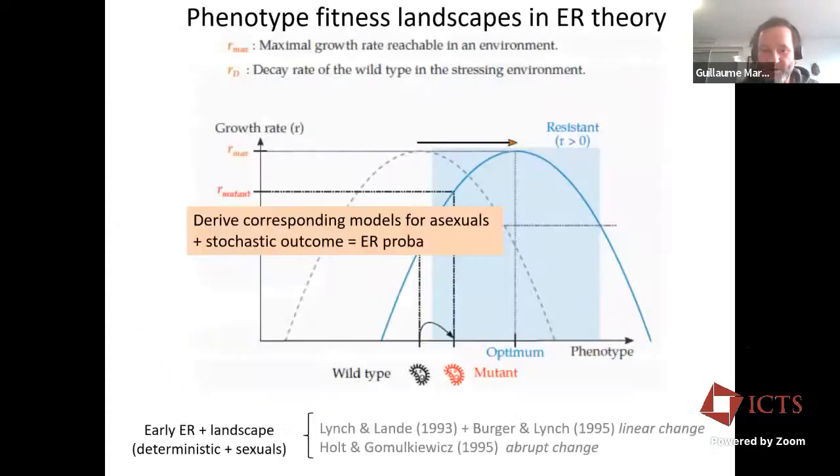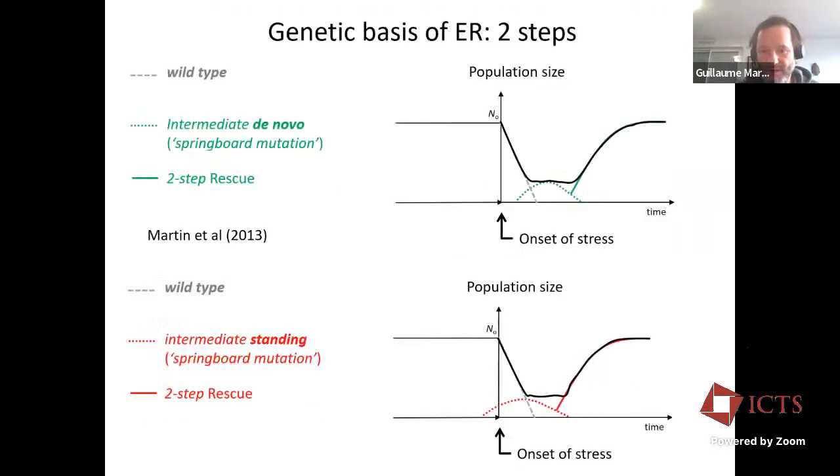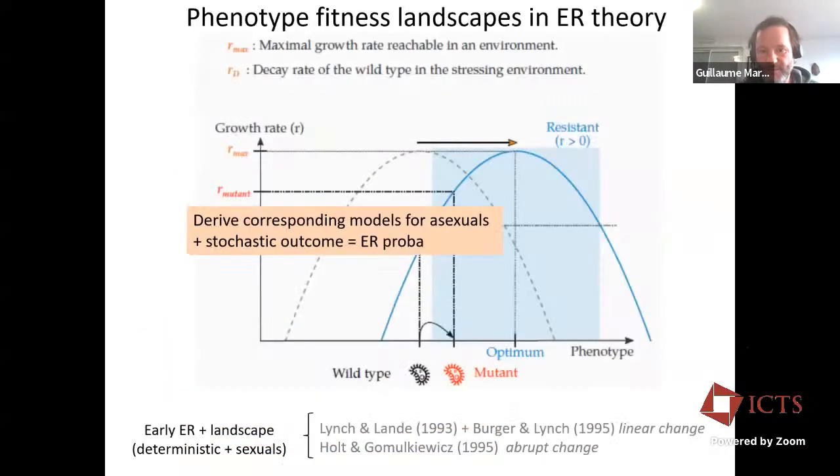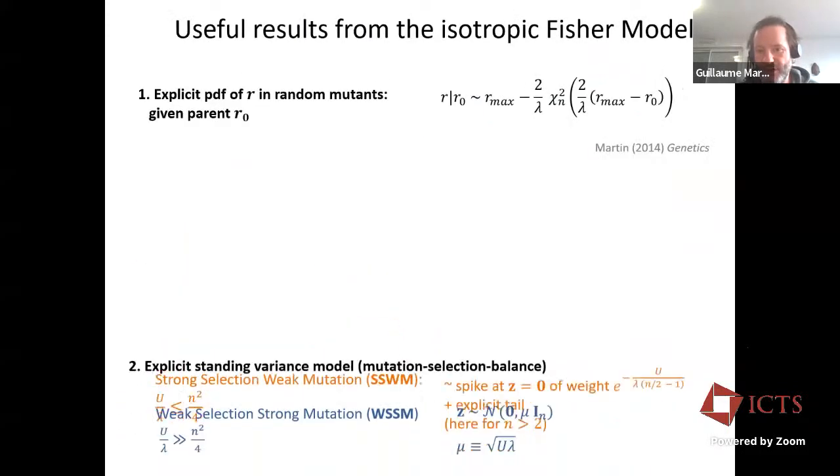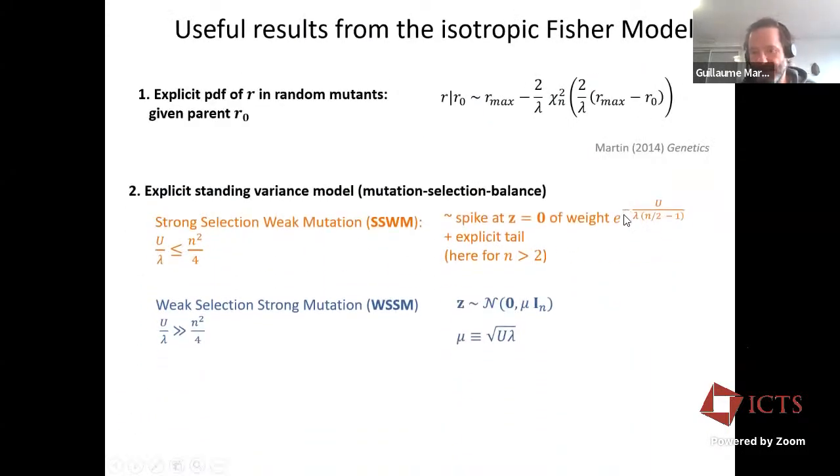Actually, you can compute the size of the population itself. In a non-epistatic model, it's going to be roughly e to the minus U over some harmonic mean of the selection coefficients. That's the frequency of your big perfect class, and you have to multiply this by the size of the population.